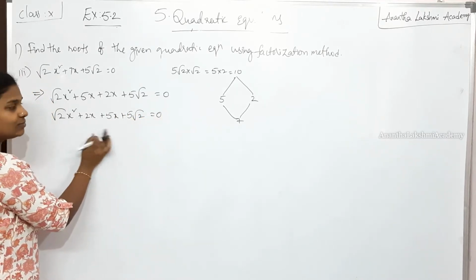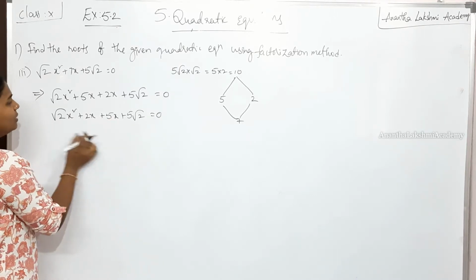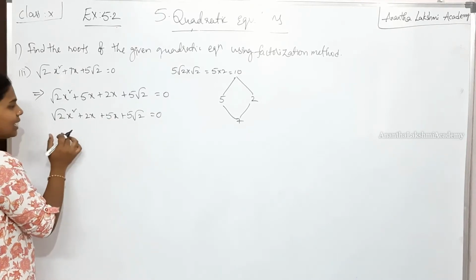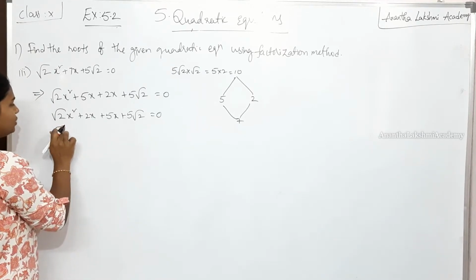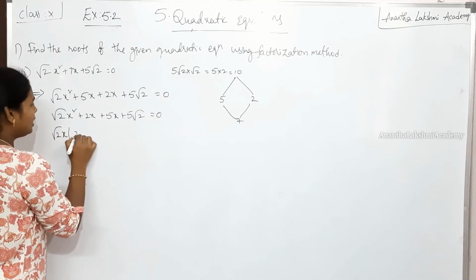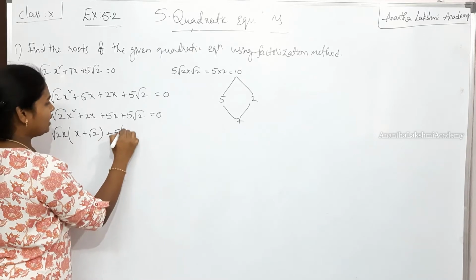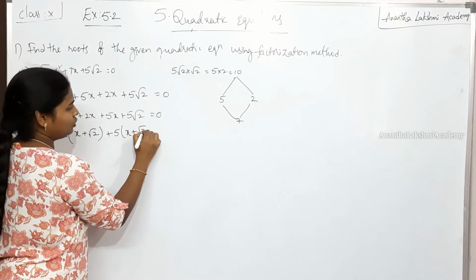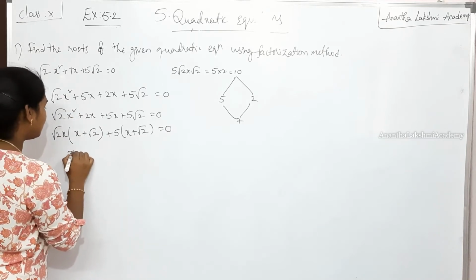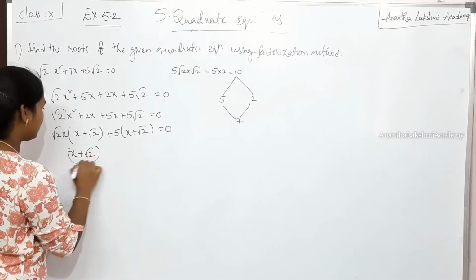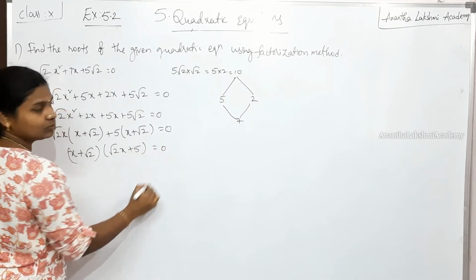Why did I write it this way? Because if I have 5x and 5 root 2 on one side, I can take 5 common. And with root 2 x square and 2x, I can take root 2 x common. So from the first one, I am going to take root 2 x common. That way it becomes x plus root 2, plus 5 if I take common, x plus root 2 is equal to 0. Now using the factorization method, we could write this as x plus root 2 multiplied with root 2 x plus 5 is equal to 0.